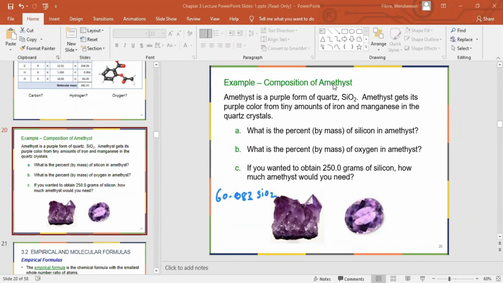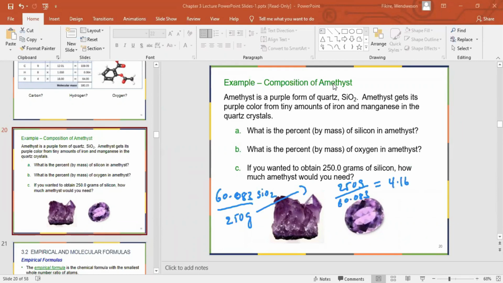Divide by 2 like this? I think it's the other way around. You're right, Marcus. So 250 grams will be on top and 60.083 on the bottom, and you divide that to get the moles. Go ahead, 250 divided by 60.083. What do you get? I got 4.16.